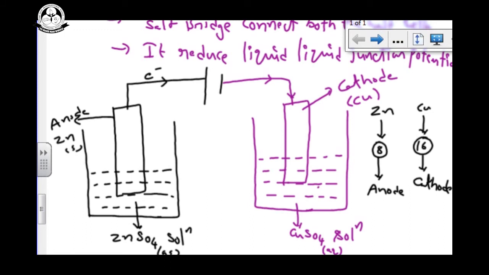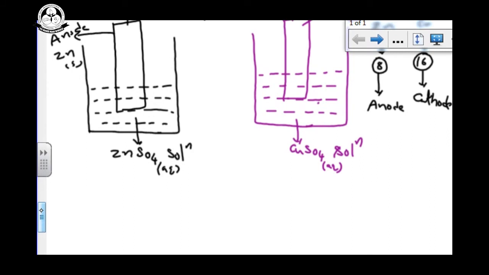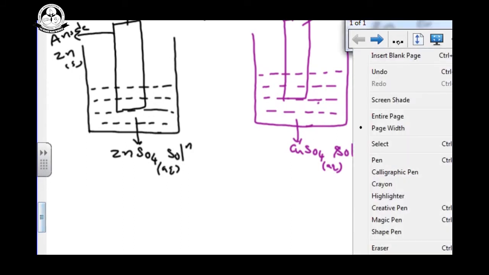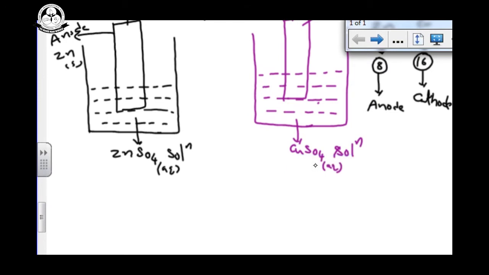That we know. Now see what points we are taking, each and every one. Anode oxidation. Oxidation is loss of electrons, so we are going to write the equation. At the anode, zinc becomes Zn2+ plus 2 electrons.